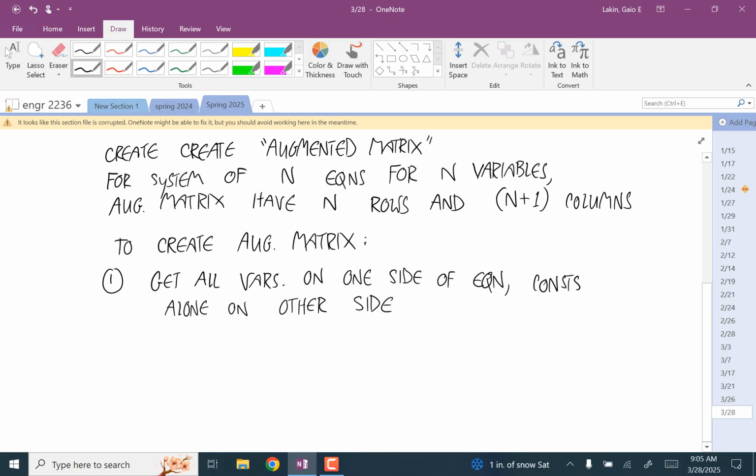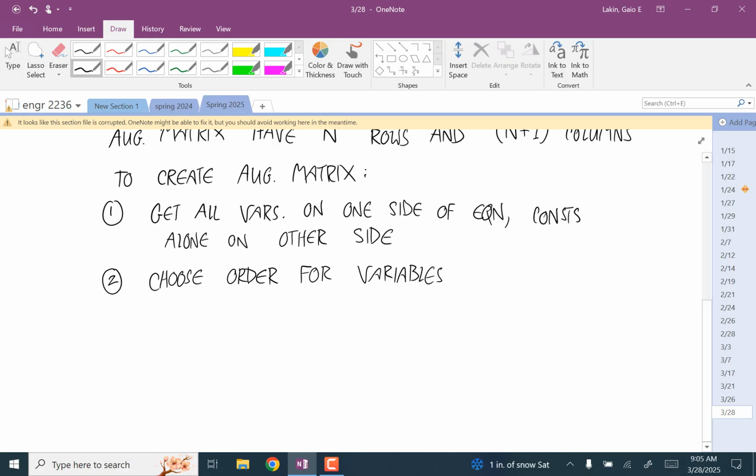Then choose an order for your variables. And then each row of the augmented matrix represents one equation.